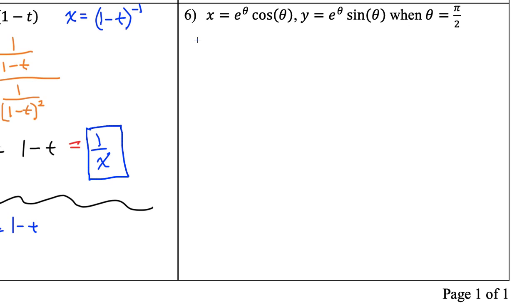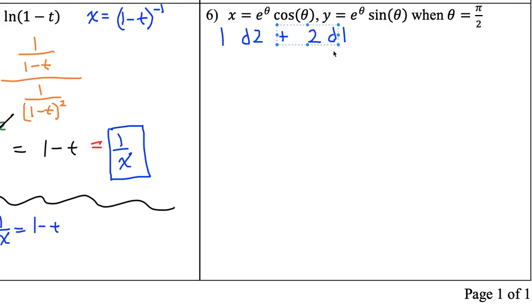So 1 is e to the theta, times d2. And let me write down what I'm doing so you can follow along. I'm doing 1 d2 plus 2 d1. And maybe I can color code this a little bit. Oh, when I hit escape, it moved my screen a little bit. I'll say that's in yellow, that's in green. You can follow along a little bit better. So 1 is e to the theta.